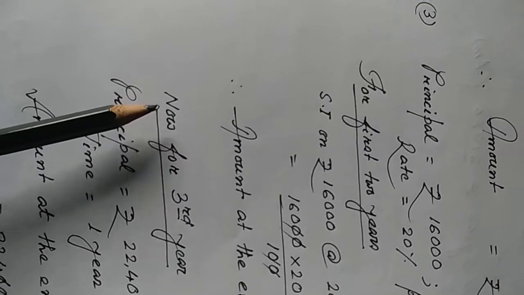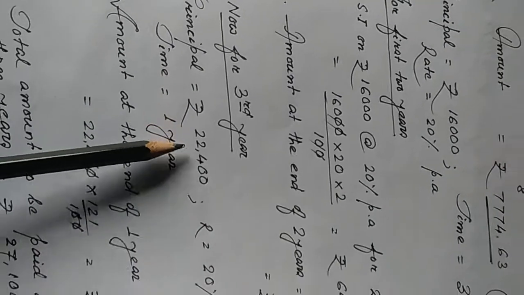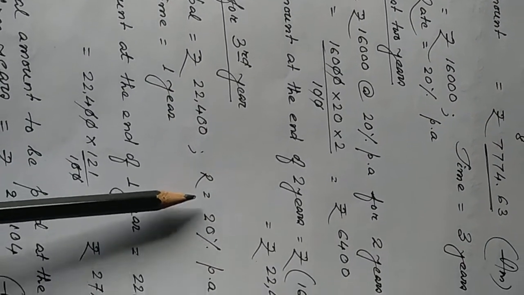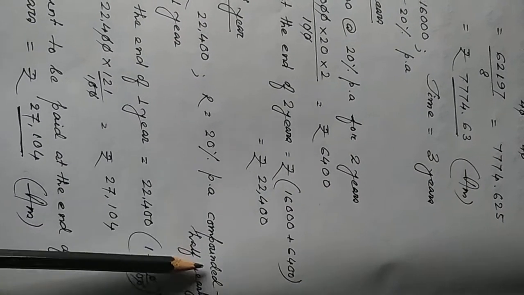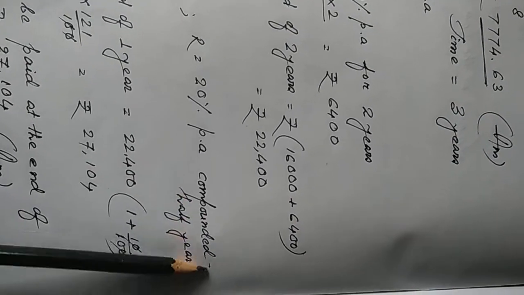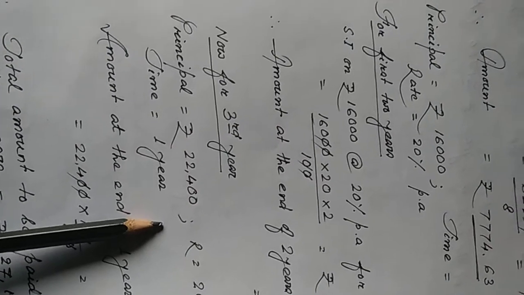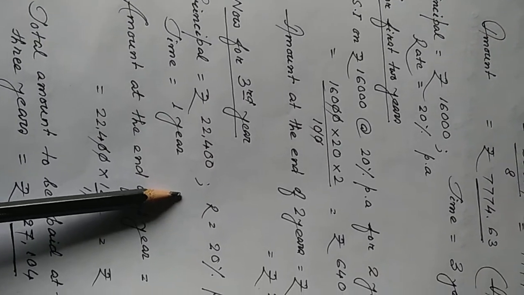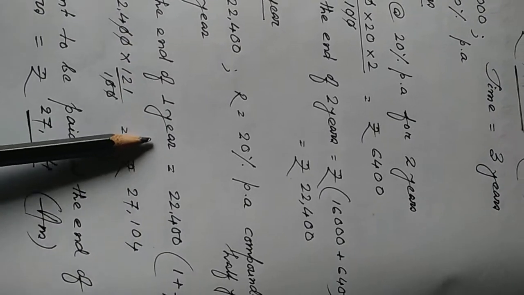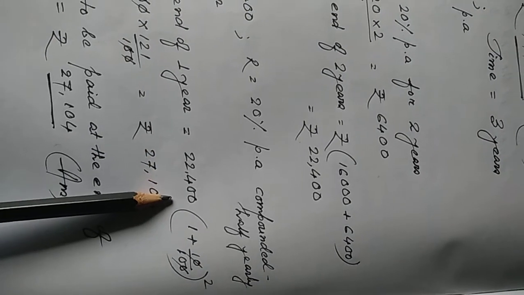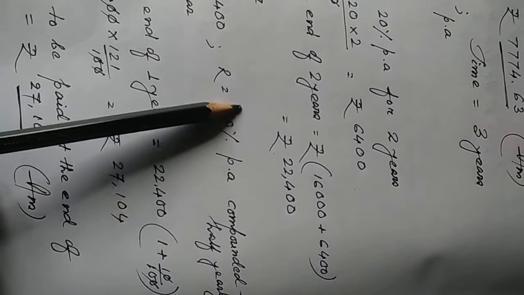Now you see, for the third year, principal equal to rupees 22,400, rate equal to 20% per annum, compounded half yearly, time 1 year. So what will be the amount at the end of 1 year? It will be 22,400 into (1 plus 10 by 100). Here the rate was 20%.